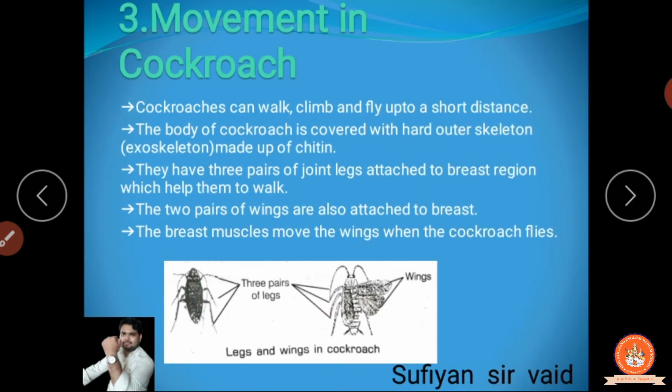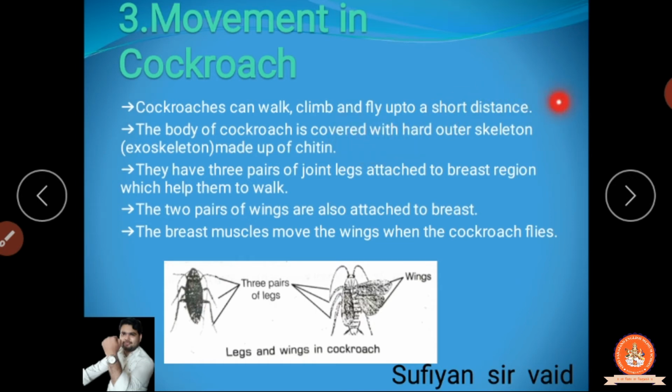Now the cockroach can walk, climb and fly up to a short distance. You can observe that when you observe the cockroach, its speed is very fast. Clear? So they can walk, they can climb easily on the wall and fly up to a short distance.